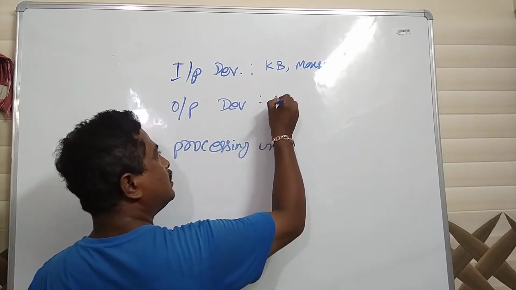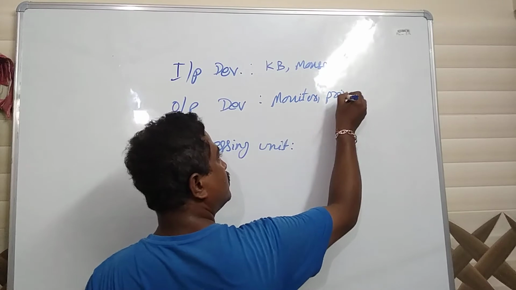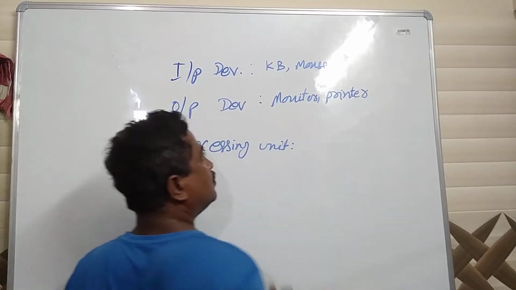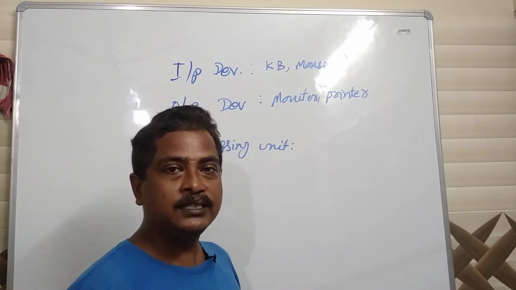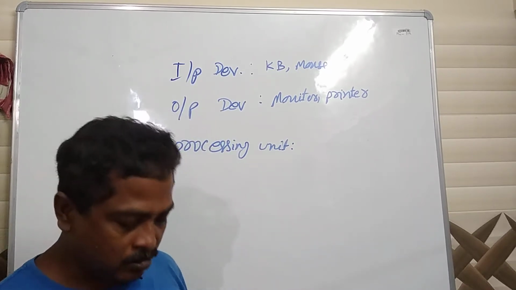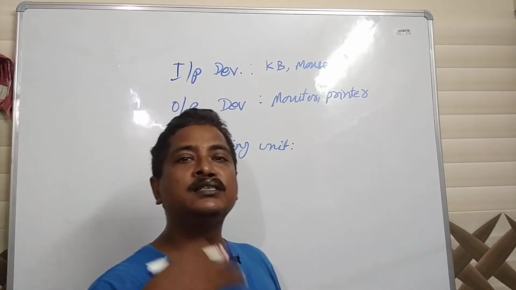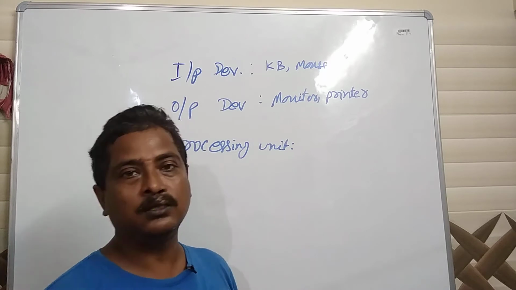Output devices are monitor and printer. Input devices are those devices which receive the data. Output devices are those devices which display or show the data after processing.